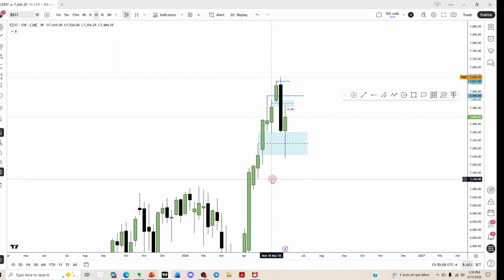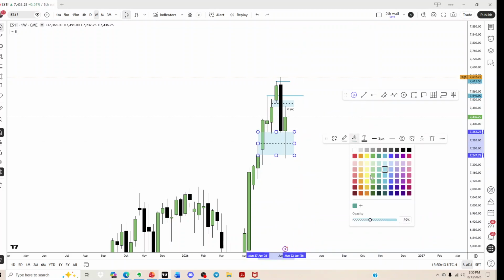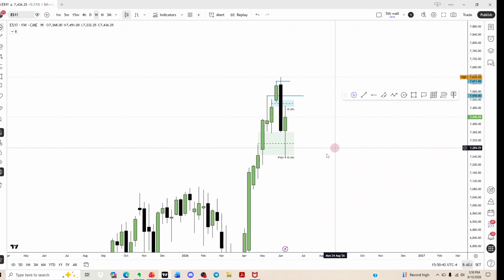So let's highlight the whole thing, make that a light green, and put fair value gap plus volume imbalance, and it's weekly. That's what we have prior to the creation of this candle.